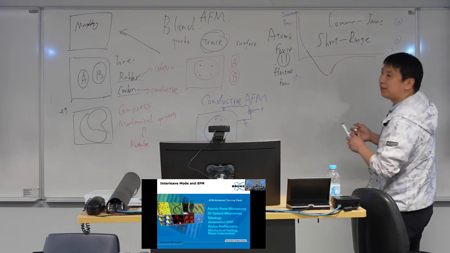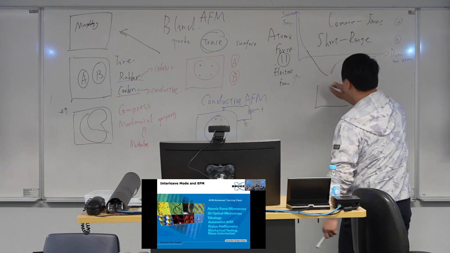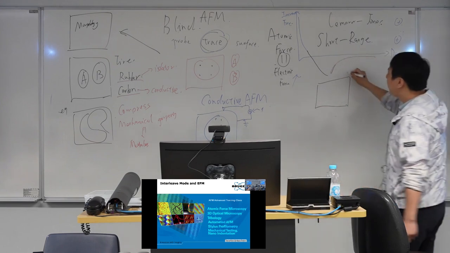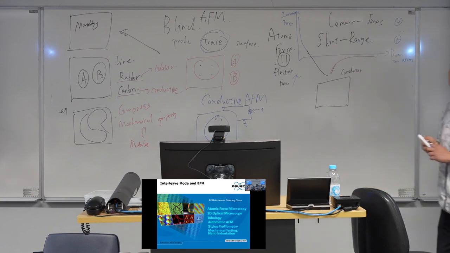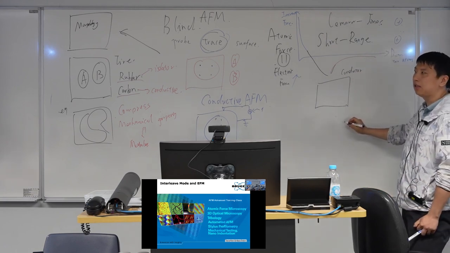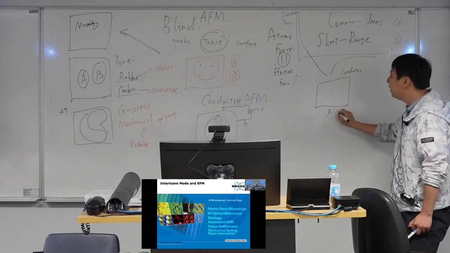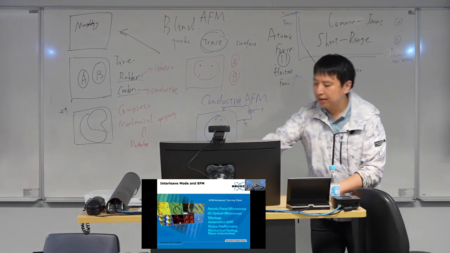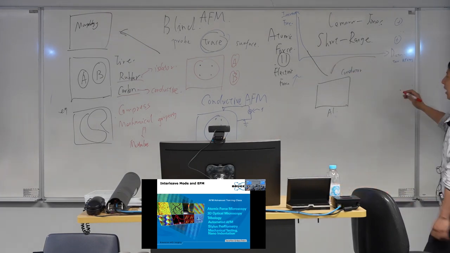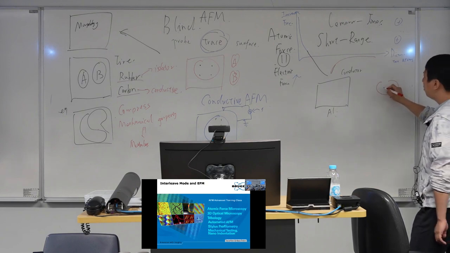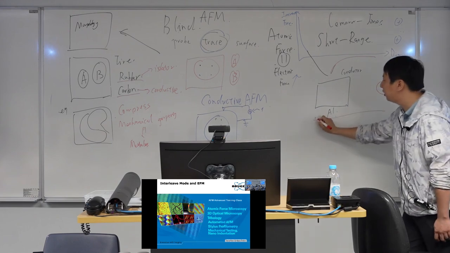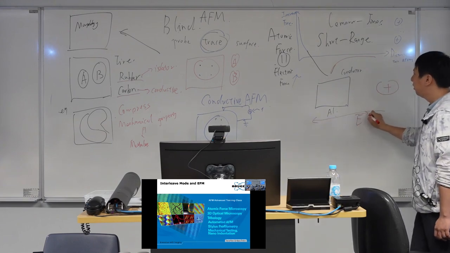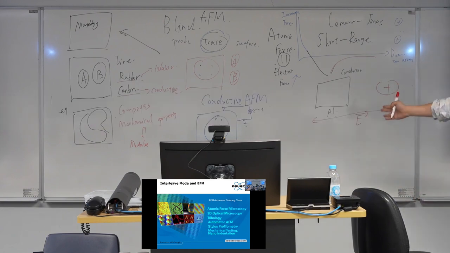So what's the dielectric? Say we have a conductor here, and we call this conductor aluminum. If I place a positive charge here, this positive charge will definitely cause an electric field, right? What will happen?